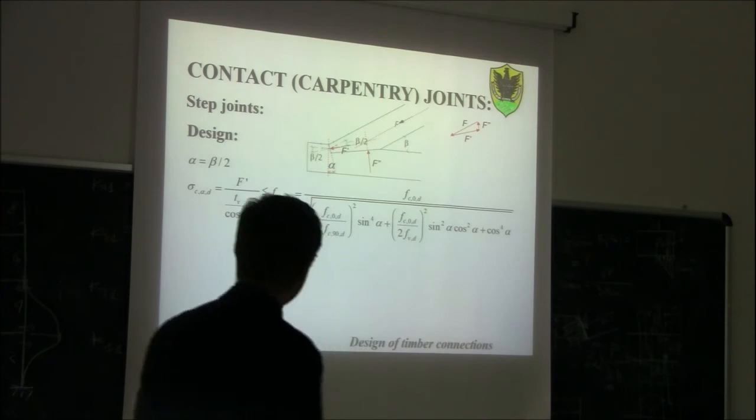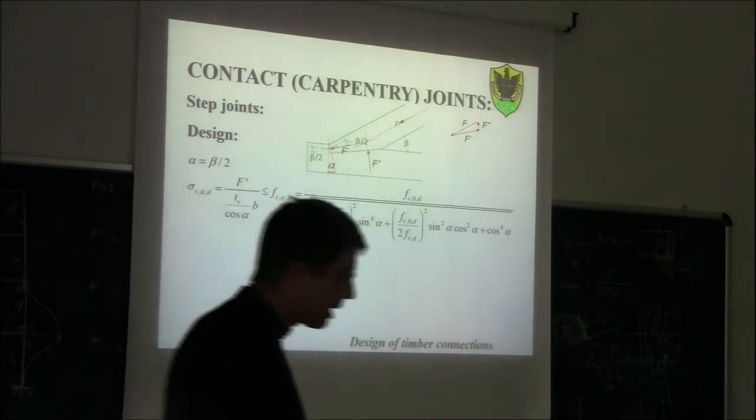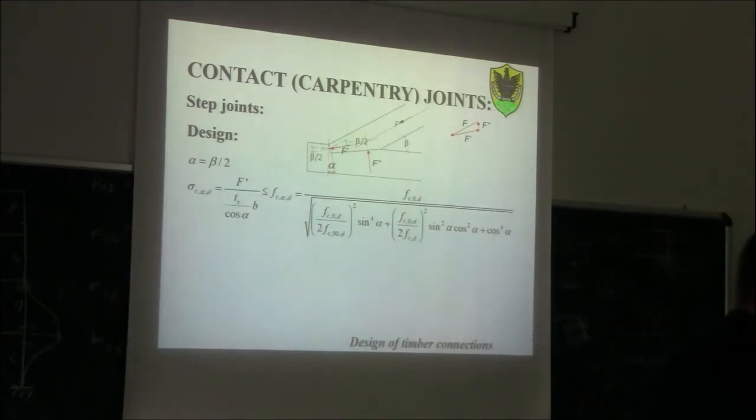Now, some recent studies and experimental research performed on this kind of connection show that the use of this Hankinson equation leads to too conservative results. So it would lead to oversizing of the structures.